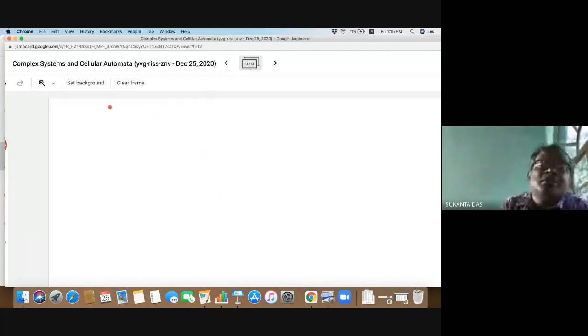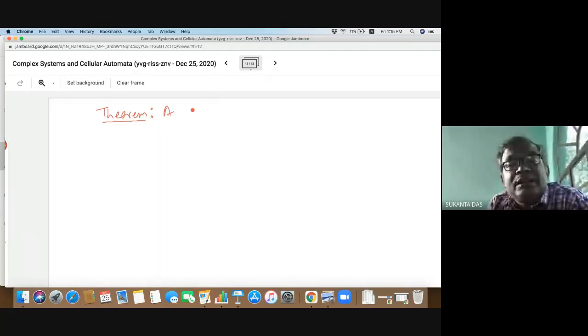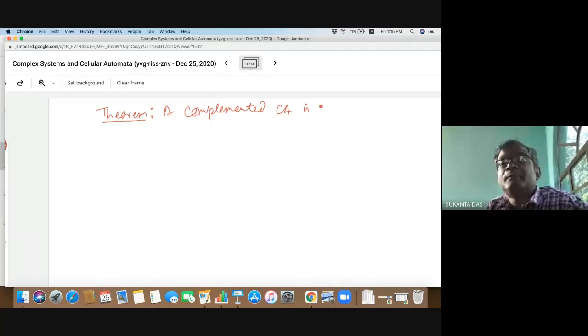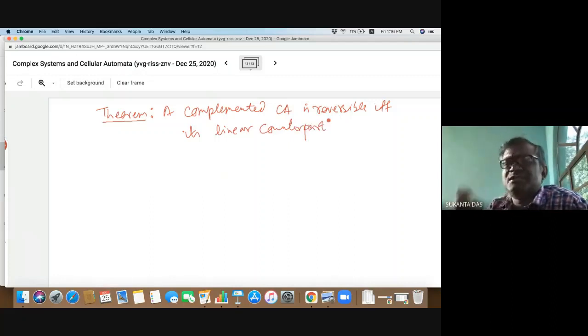What is the theorem saying? The theorem is saying a complemented CA is reversible if and only if its linear counterpart, I mean the corresponding linear CA, is reversible.